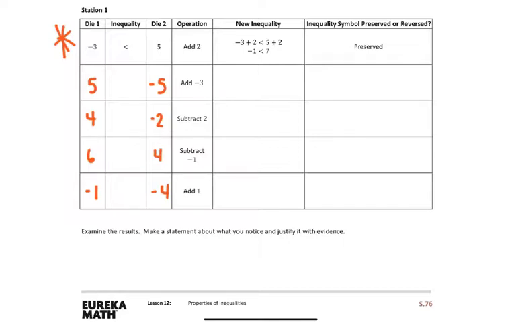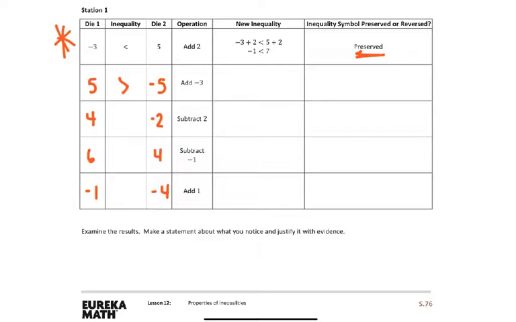So our new inequality says -3 plus 2 is less than 5 plus 2. When we carry that out, we end up with -1 is less than 7. That's still a true statement, so we did not need to change the inequality symbol in any way. We say that the inequality symbol was preserved. When we look at 5 and -5, 5 is greater than -5.